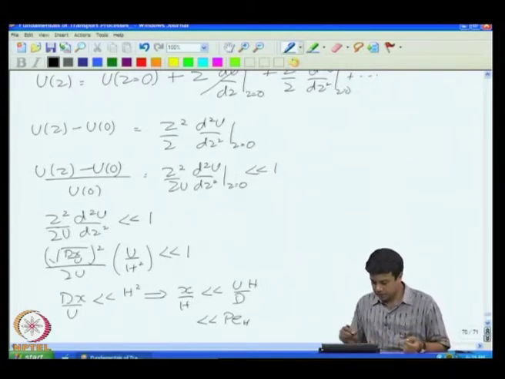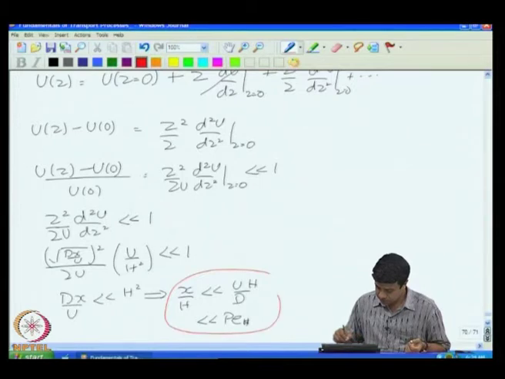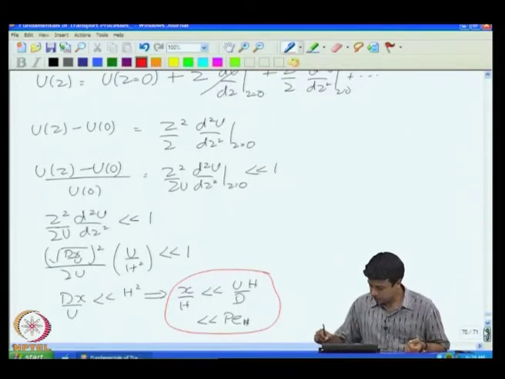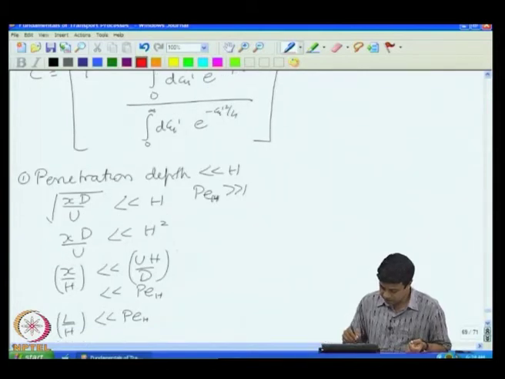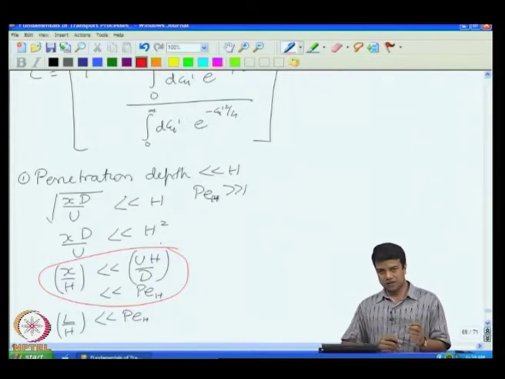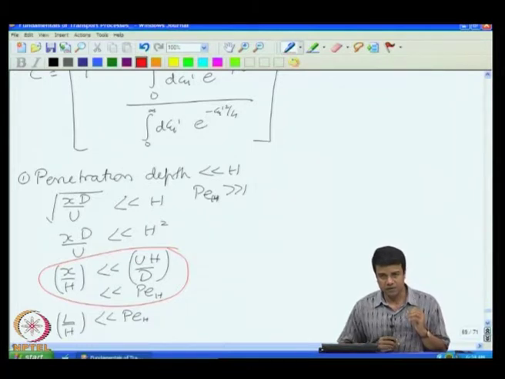That is the Peclet number based upon the height h. Exactly the same condition that we got over here. So, the condition for the penetration depth to be small compared to h is also the same as the condition for the velocity to be approximately a constant in this particular problem.